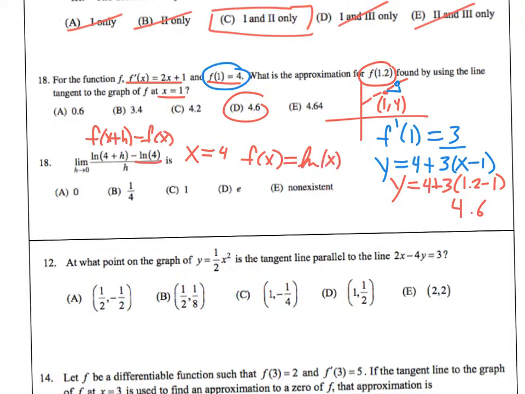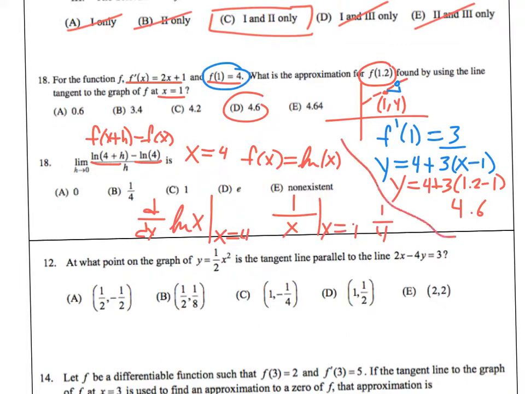I notice that because I've got ln of 4 and ln of 4 plus h, so ln of x plus h and ln of x. This means the derivative of ln of x, and then plugging in x equals 4. We know the derivative of ln of x is 1 over x, and 1 over x, when you plug in 4, is going to be 1 over 4, which is B.